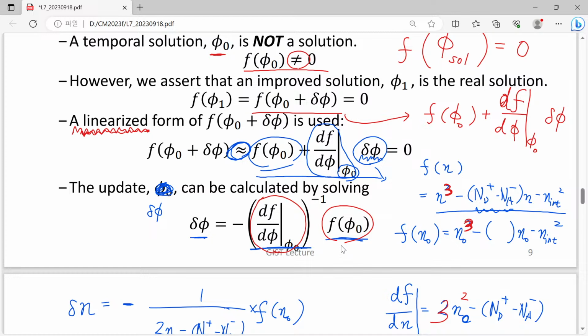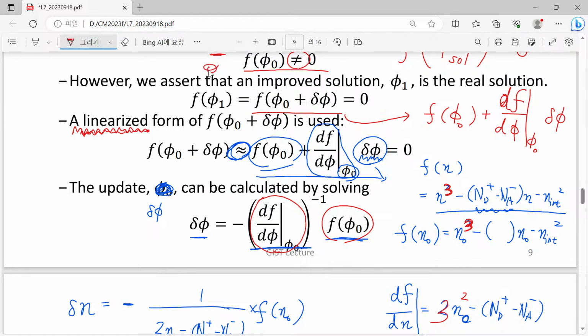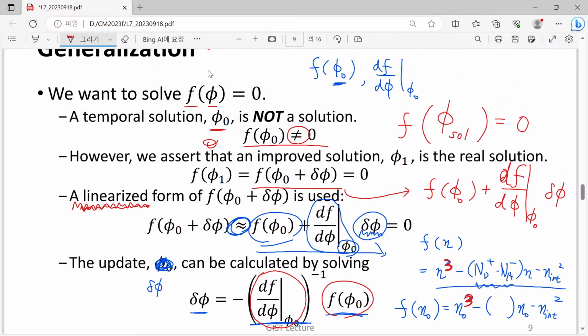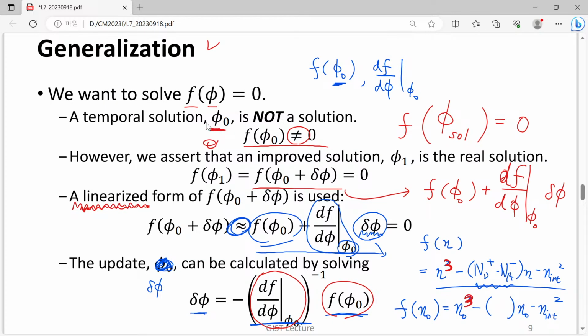There is nothing else, everything is just given. The only thing we can improve in this procedure is the initial solution. A clever person will introduce a good initial solution, and a dull person will introduce an initial guess far from the realistic solution. That is the difference. Okay.